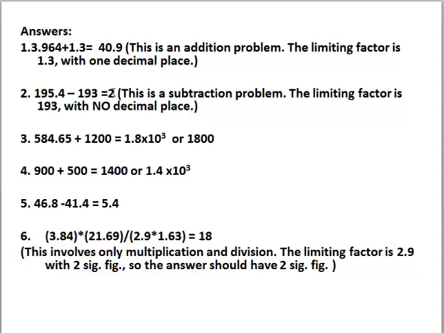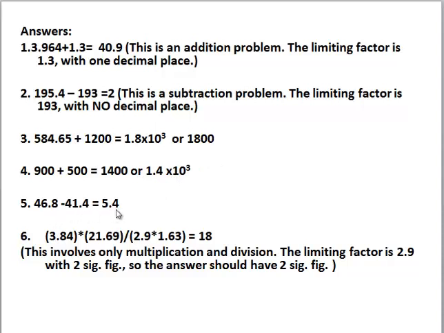Similarly, with this number, the least precise number is 193 in the ones place. We keep our answer to the ones place. This addition only allows us to keep our solution to the hundredths place. So I actually write the answer in scientific notation. Likewise, this sum lets us keep the answer to the hundredths place.